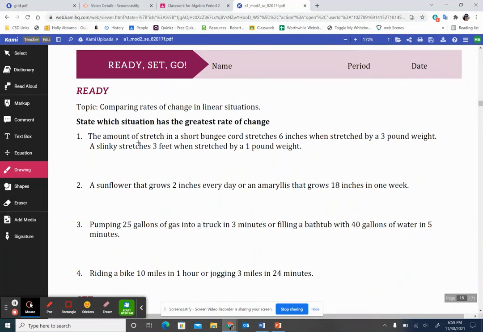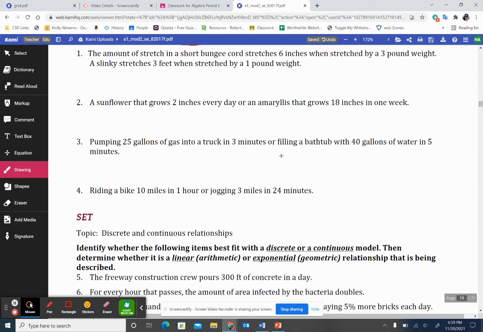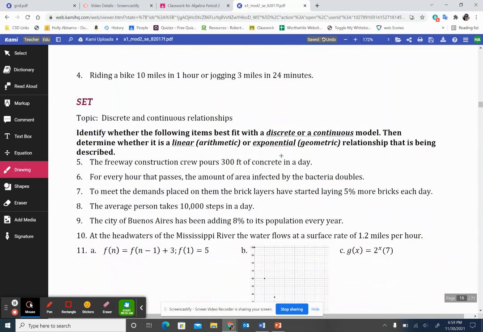Let's go ahead and read over it really quick. State which situation has the greatest rate of change. So you're going to get two different situations, and you're going to figure out which one has the greatest rate of change for 1, 2, 3, and 4. Numbers 5 through 11, identify which of the following items are best discrete or continuous.